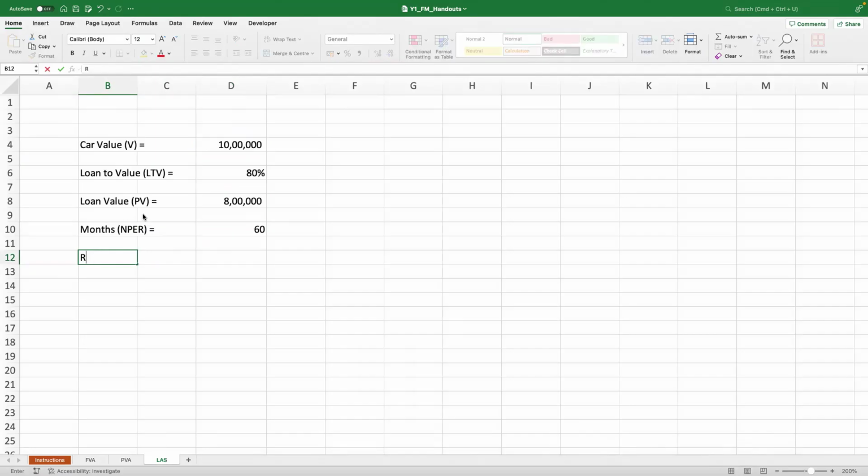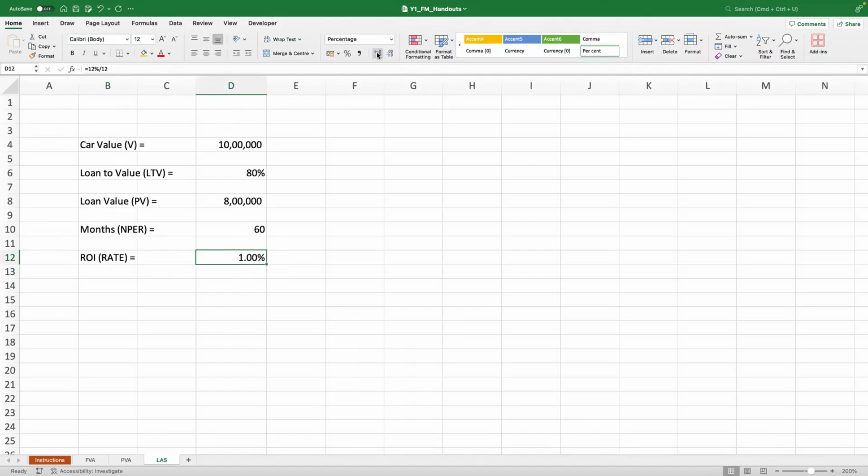The rate of interest that is charged by the bank, which is actually your rate function, is how much? 12% a year divided by 12, which is 1% on a monthly basis, because it's mentioned compounded monthly. Now, there are two ways to get to your annuity amount, which is your EMI.